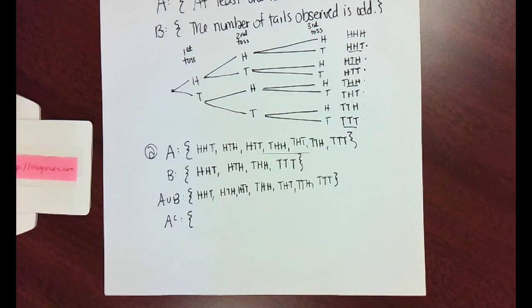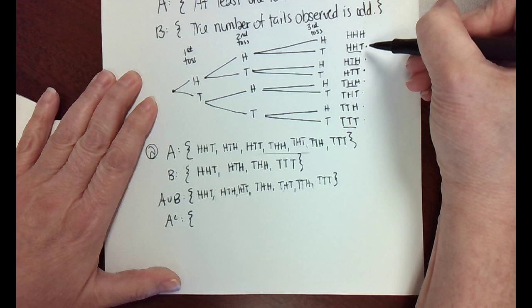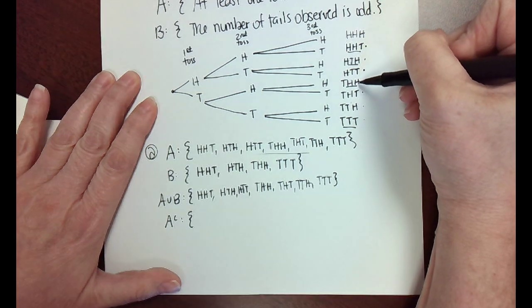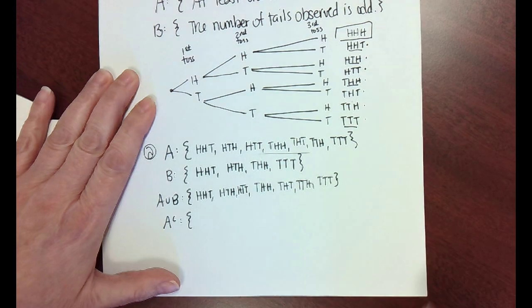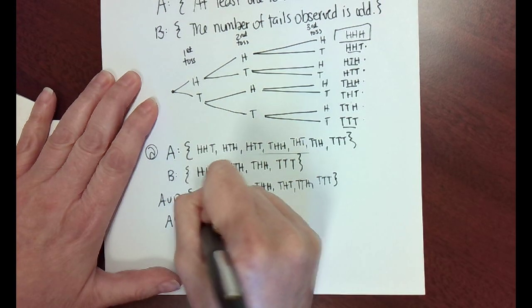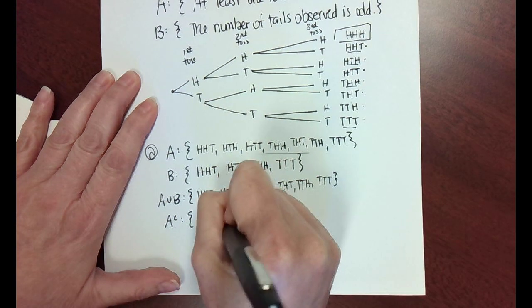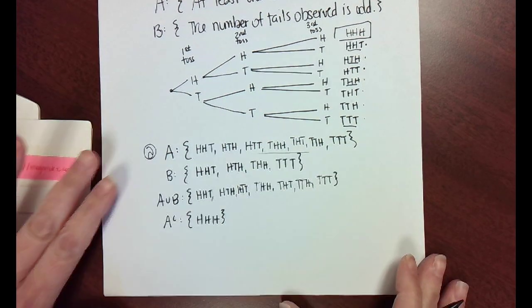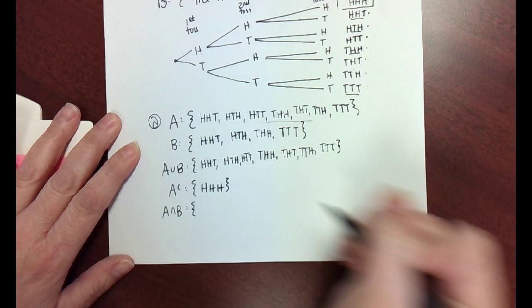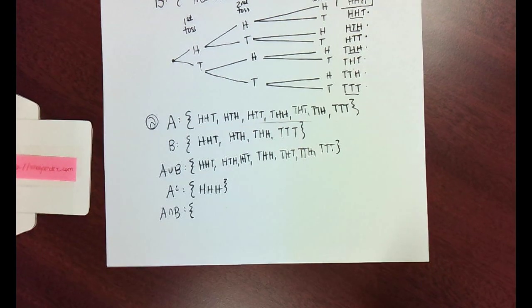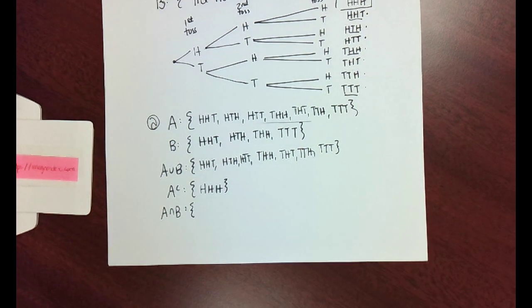So then it asks us for a complement. And a complement is basically everything that's not in A. These 7 were in A. The only one not in A was the HHH, the 3 heads. And so that is the A complement. And then it asks us for the intersection of A and B. The intersection of A and B is what A and B have in common.